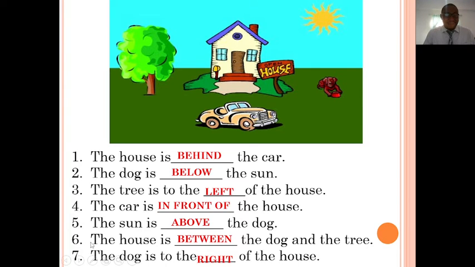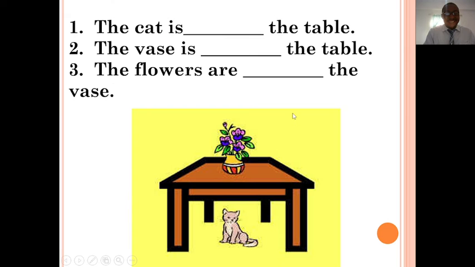Number 6, the house is between the dog and the tree. Number 7. The dog is to the right of the house. Alright, let's proceed to our next exercise.